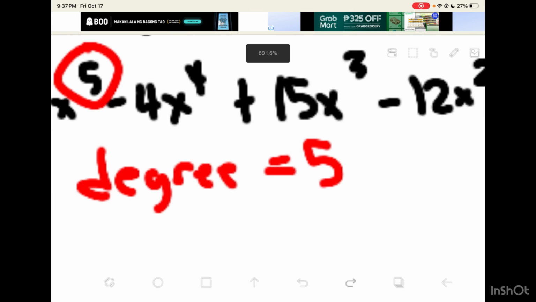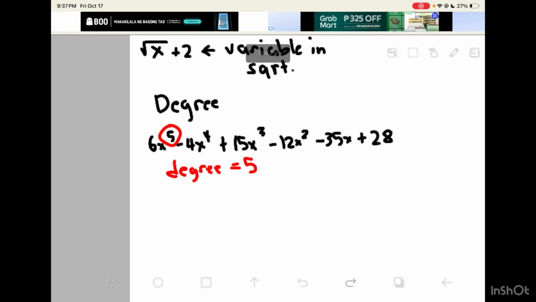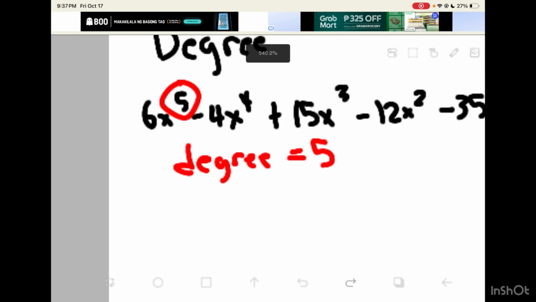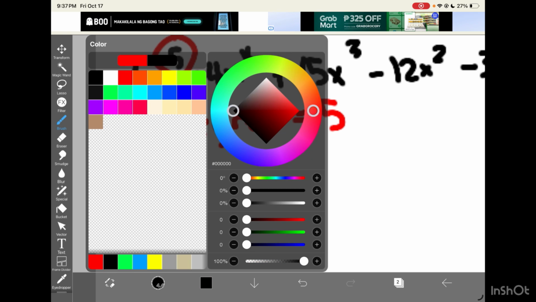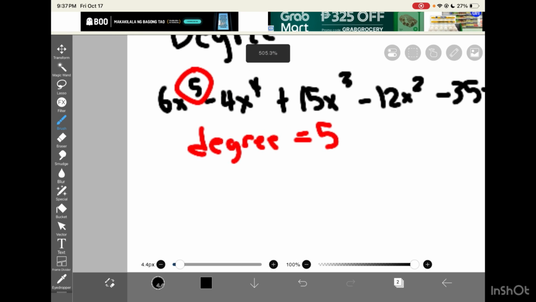So you just need to look for the highest exponent. This is actually just a reviewer, but this is what you call the degree.